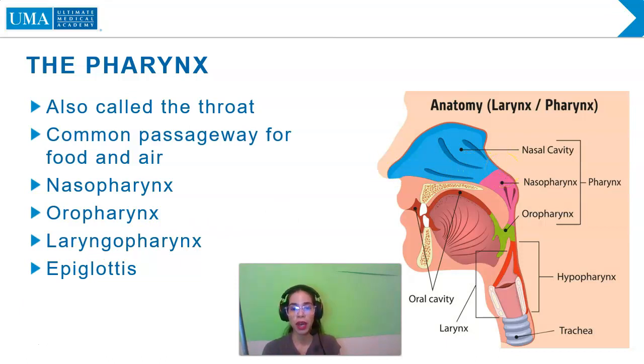Then the oropharynx, found directly behind your mouth. So at the back of the mouth, that is known as the oropharynx. And then moving a little bit down, we have the laryngopharynx.